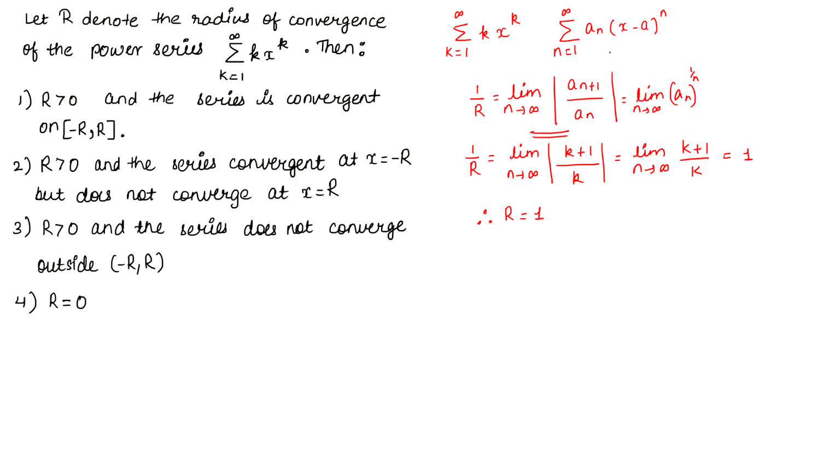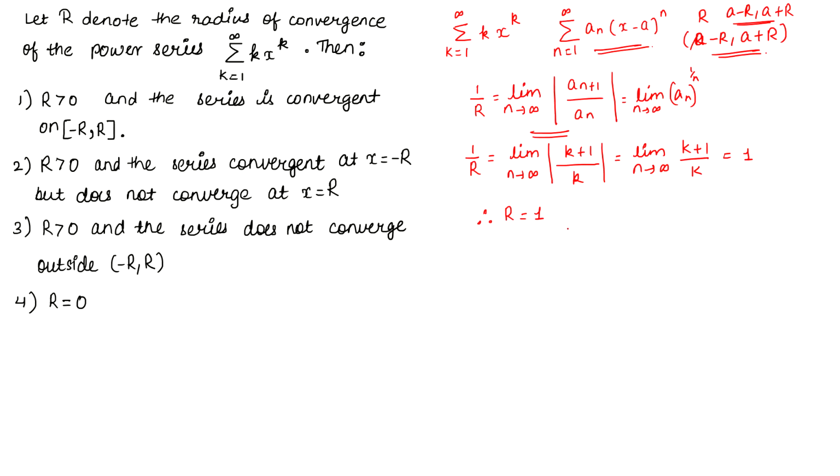Now, if the radius of convergence is r, then a minus r comma a plus r is the interval of convergence, that is the interval in which the series is convergent, and we have to check at a minus r and at a plus r whether the series is convergent or not. But in the open interval a minus r, a plus r, the series will be definitely convergent.